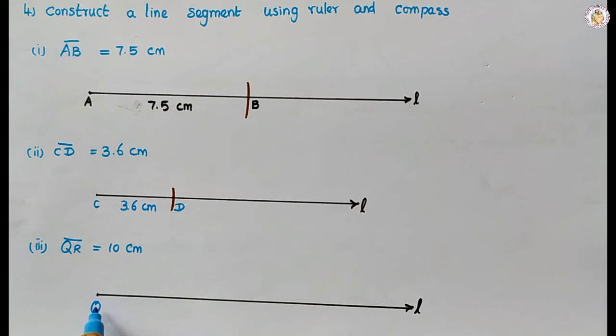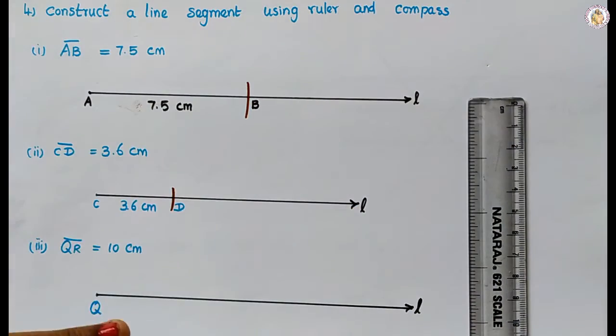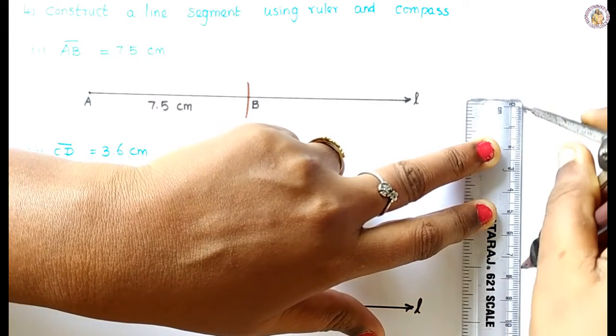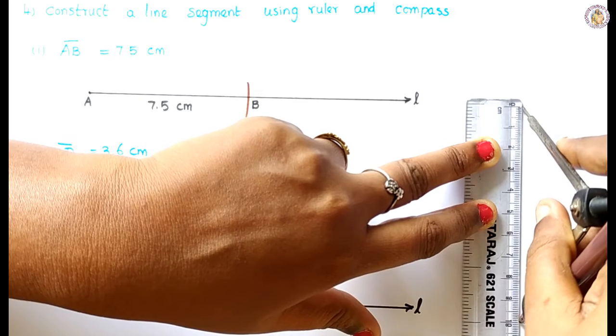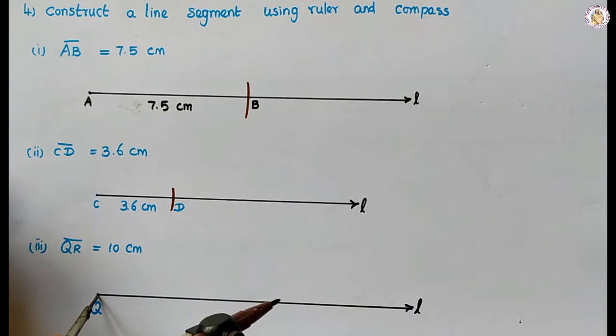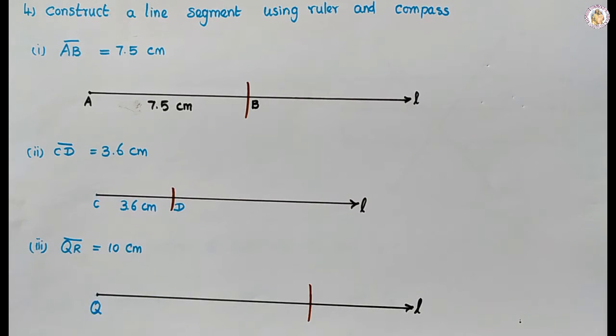Q. And then next step, take your compass and measure 10 centimeter, and with Q as center, draw an arc on the line. It is named as R. Now QR equal to 10 centimeter. That is the required measurement.